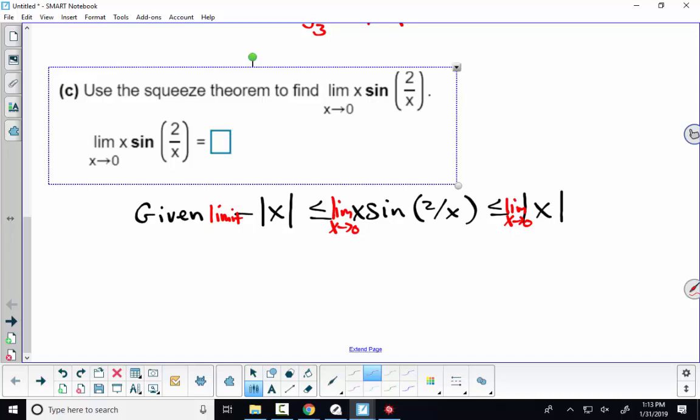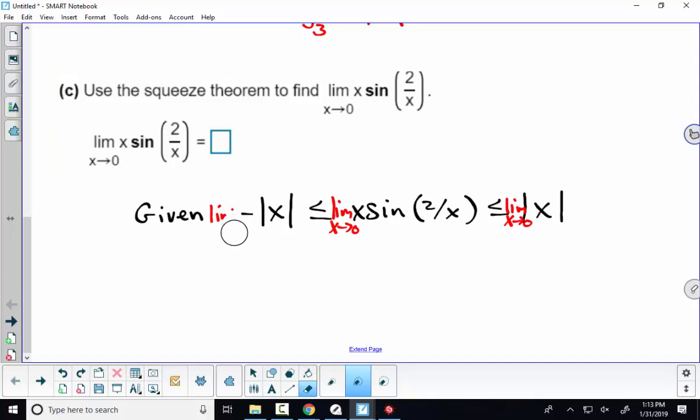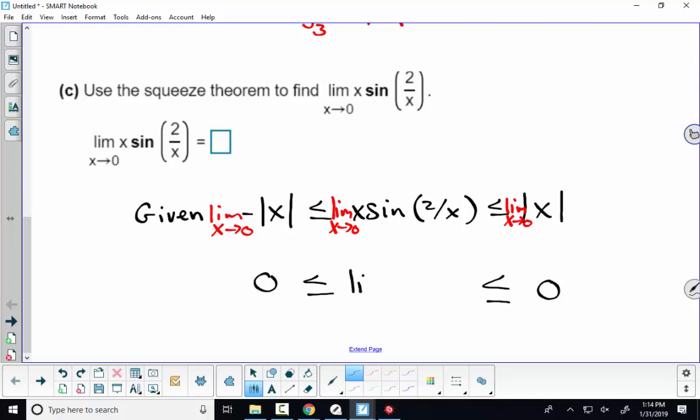But we do know the limits on both ends. So we always have to insert our limit into the inequality that's given to us, and then hope that the endpoints actually evaluate to the same number. Otherwise, the squeeze theorem isn't helpful to us. Since they both evaluate, we can say this limit is 0.